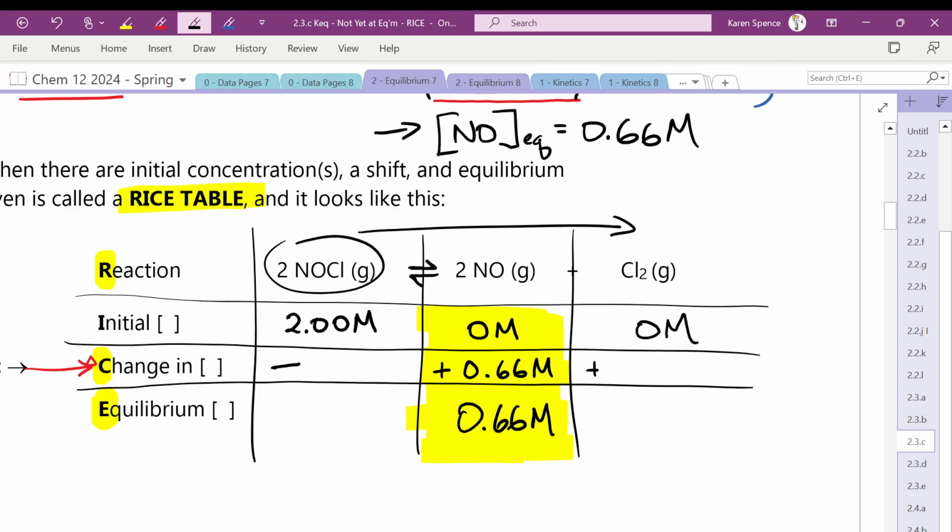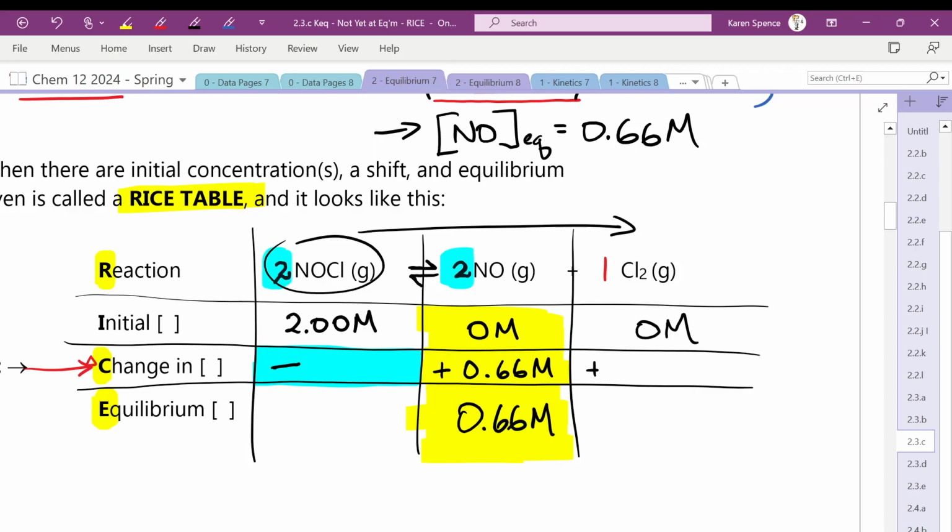Now, we have coefficients of 2 and 2 and 1. What value should we put in the NOCl box for our change? We have a 2 and we have a 2.